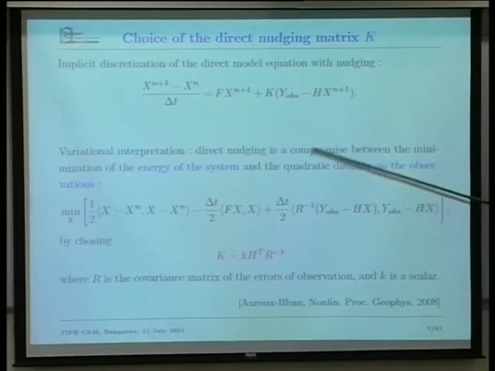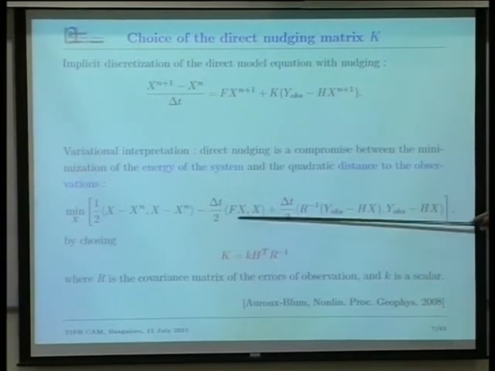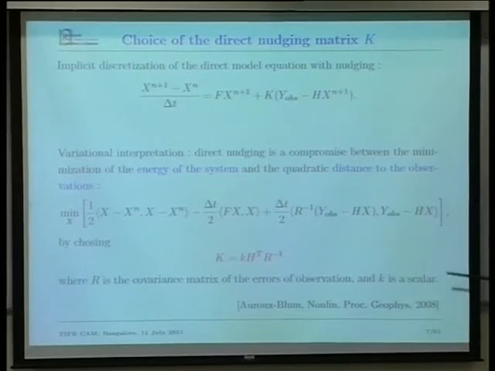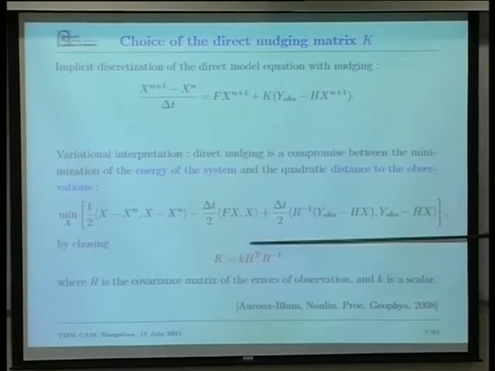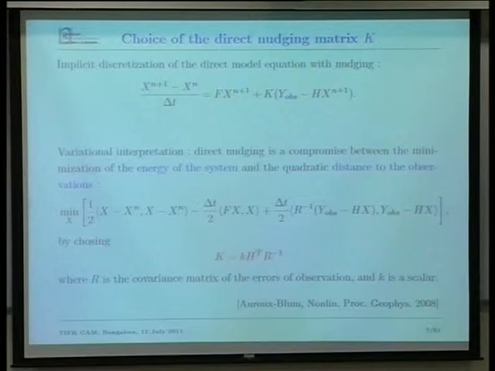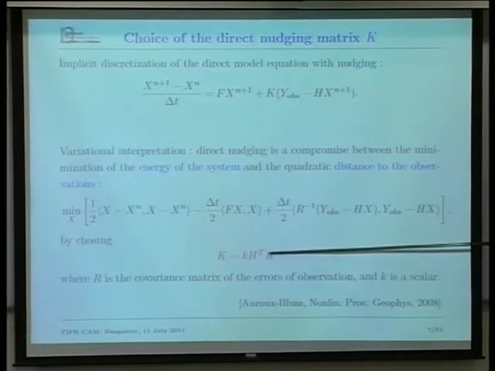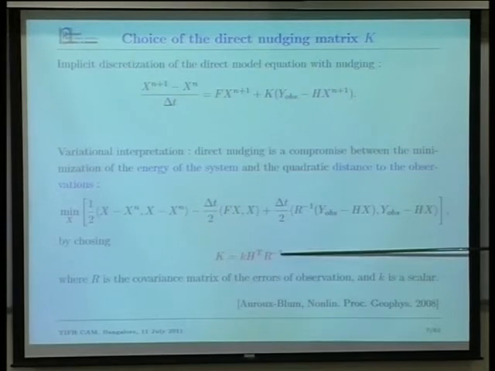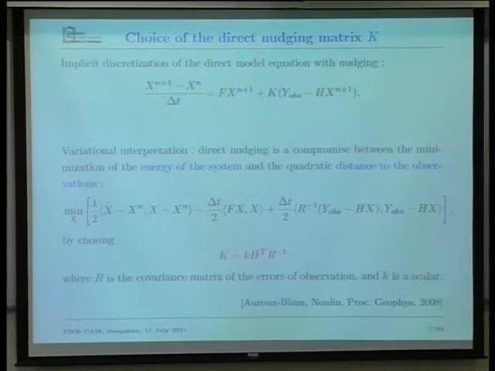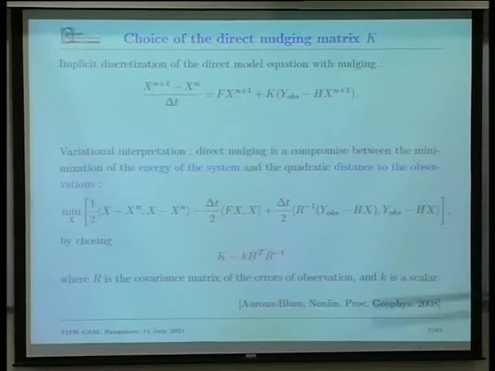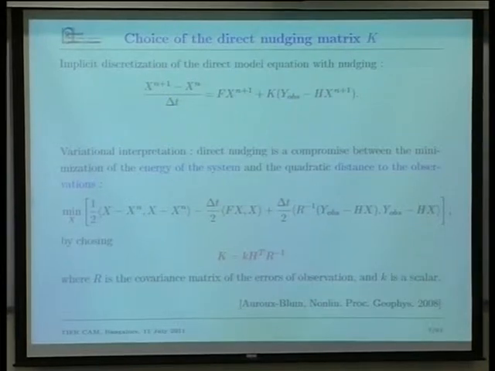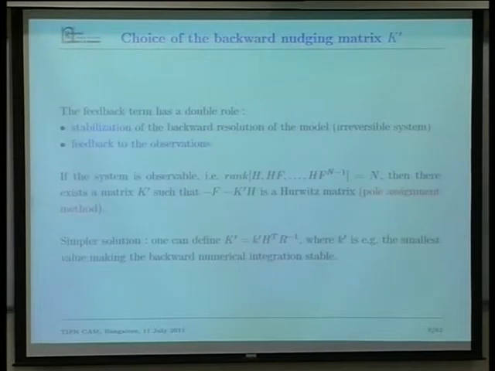So it's a compromise between minimizing the energy of the system and the feedback to the observations if you choose this gain matrix. So you have the transpose of the observation operator. You can use the covariance matrix of observation error if you have it. And you have to put a coefficient in front that maybe you have to tune a little bit.